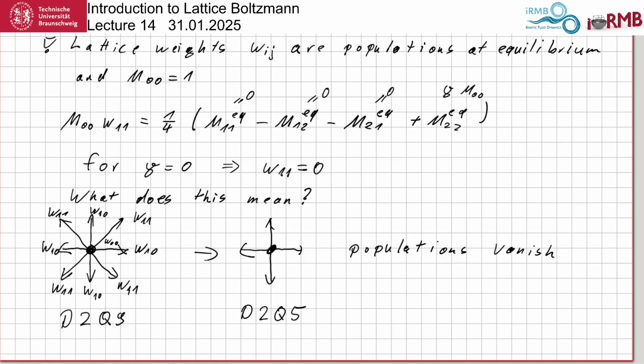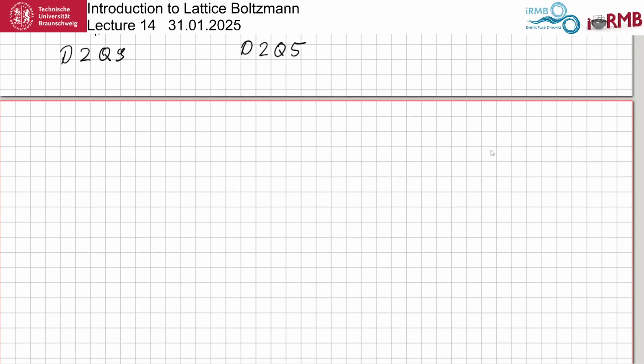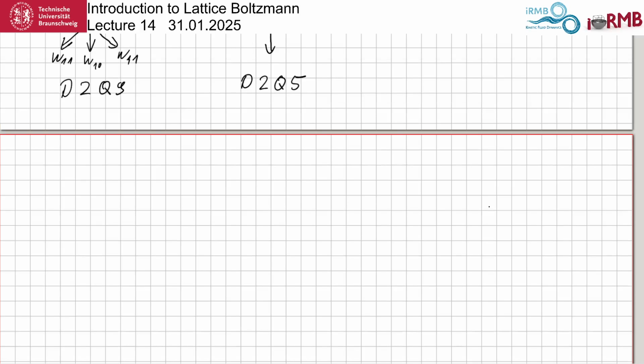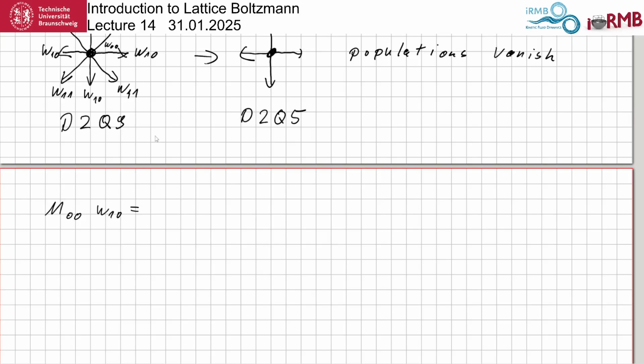Okay, so let us see whether we can get this even more simple. And for this, let us look at M00 and W11, 1, 0. So these are the guys that go in this direction. They would be 1/2 M1,0 equilibrium minus M1,0 equilibrium plus M2,0 equilibrium minus M2,2 equilibrium.